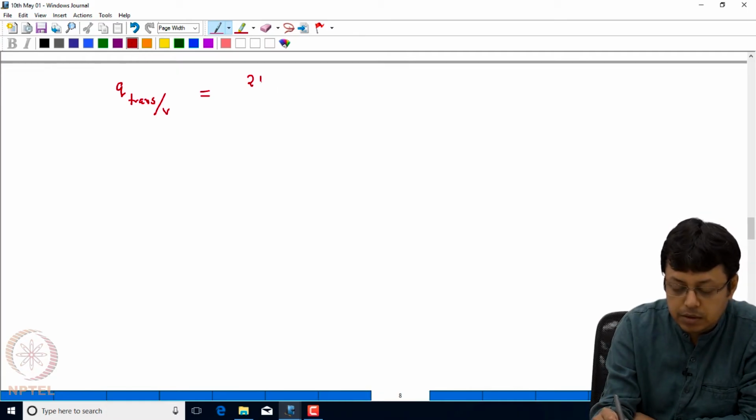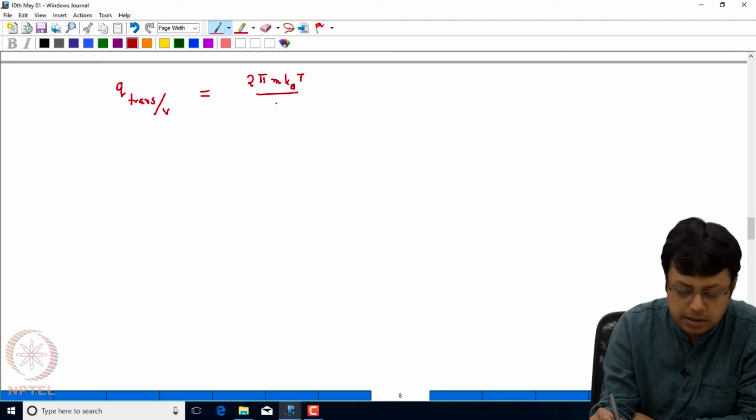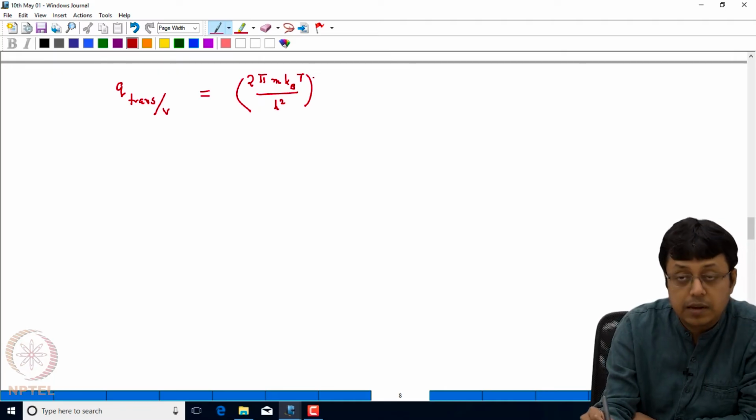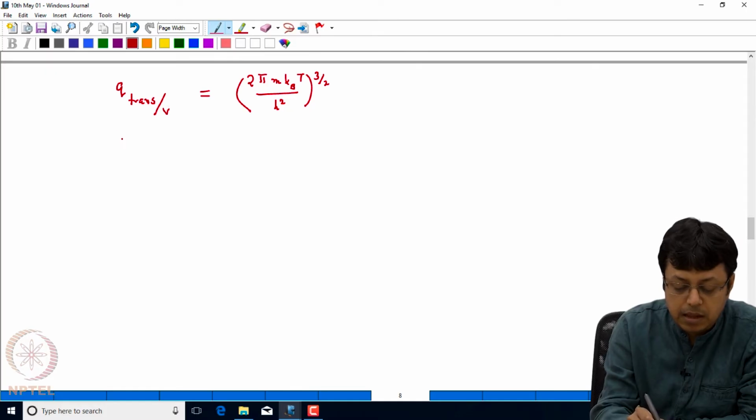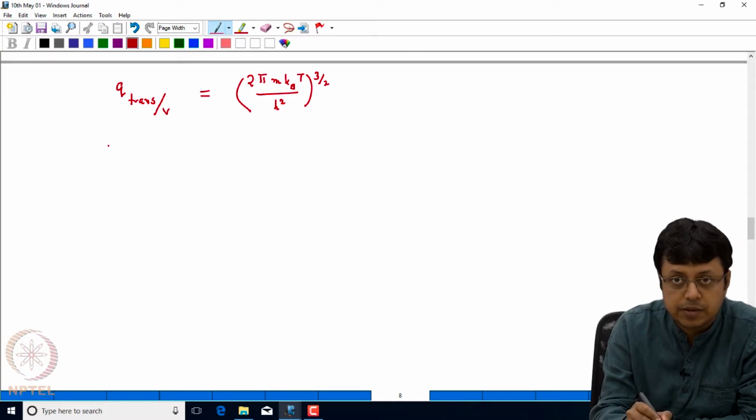If you remember, it will be 2 pi m kBT divided by h bar squared, and for a 3-dimensional problem we will have the power 3 by 2, and there is an L in the translational partition function expression, and that L cube gets transformed into V, and that's what we have done. Basically we have divided the translational partition function by V, so this is the translational partition function per unit volume.